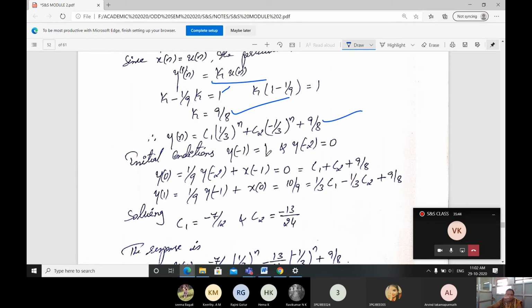Then the initial conditions they have given for us: y(minus 1) is equal to 1 and y(minus 2) is equal to 0. Substitute n as 0 in this equation and also in the given equation.